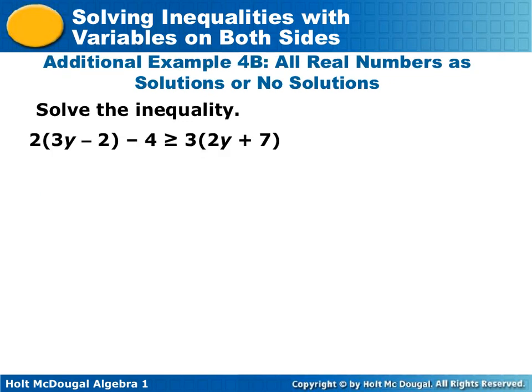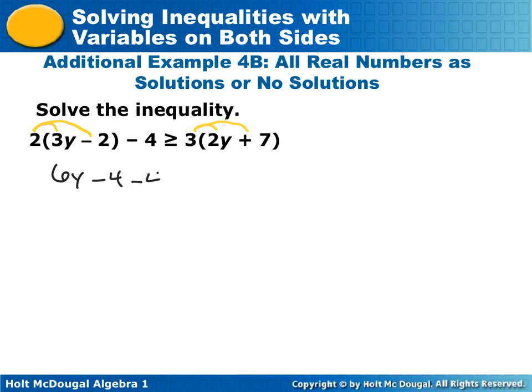Now, let's look at an example that may or may not work out. As you look at this next example, we're going to do it again just for time. We're going to keep working through this. You take that 2, you distribute it to both things here. The 3 gets distributed on the other side. 2 times 3y is 6y. 2 times negative 2 is negative 4.